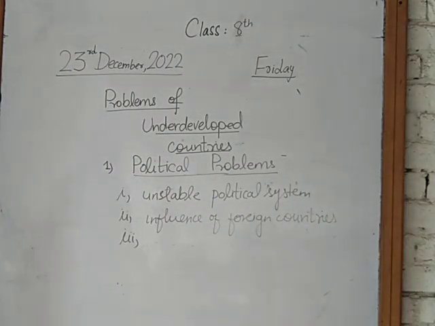So the first problem that we are facing in the political system is the unstable political system, and the second thing that we are facing is the influence of foreign countries. So these are a few problems that are faced in politics.